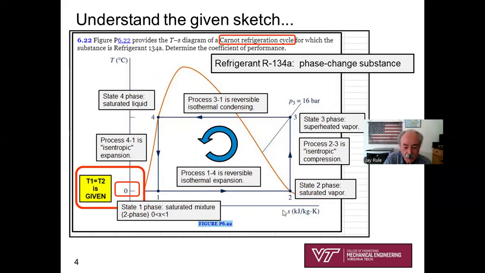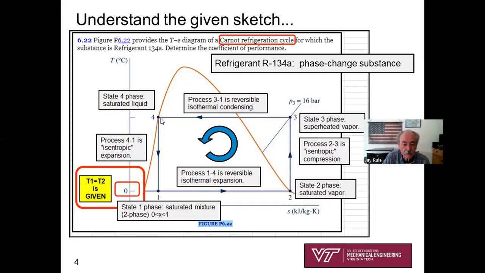I do observe that at state 2 for this Carnot cycle, we're a saturated vapor, and then we're going up reversible adiabatic to state 3, and I observed that the refrigerant is at a pressure of 16 bar. So, well, 16 bar, good enough. It's superheated vapor. The phase of state 3 is superheated vapor. I'm coming back under the dome to a saturated liquid condition.